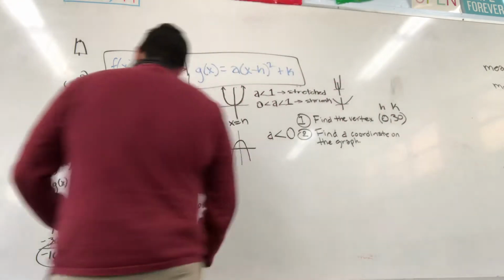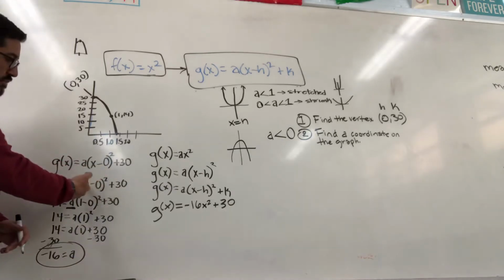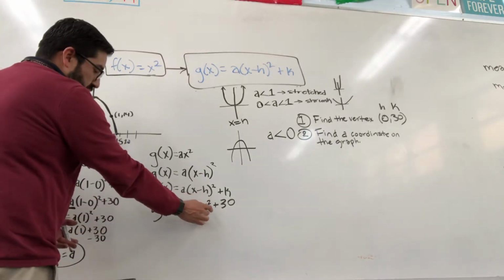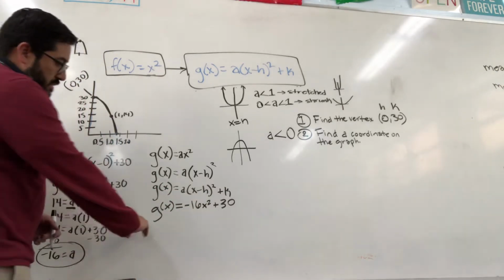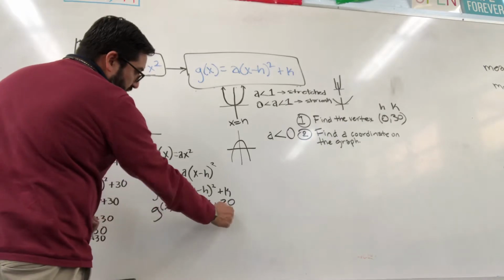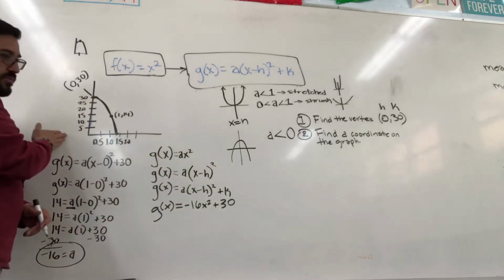So, x minus 0 is just x. So I can just put my x right there, x squared. So my function is negative 16x squared plus 30, and that is going to give me this parabola.